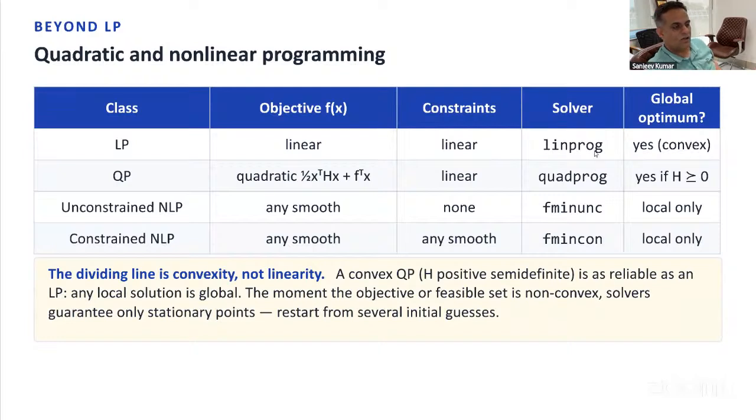As I told you earlier also, for linear programming problem you are having linprog. In a similar fashion for quadratic programming problem, you are having quadprog. And then for unconstrained you are having fminunc, and for constrained fmincon.